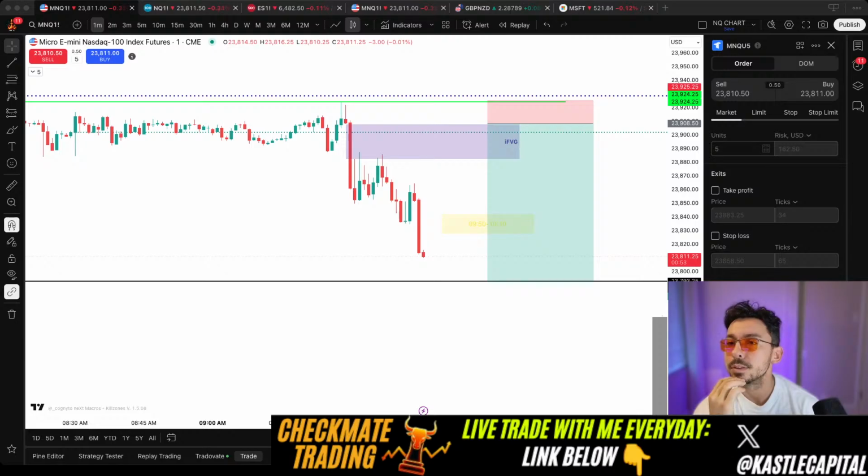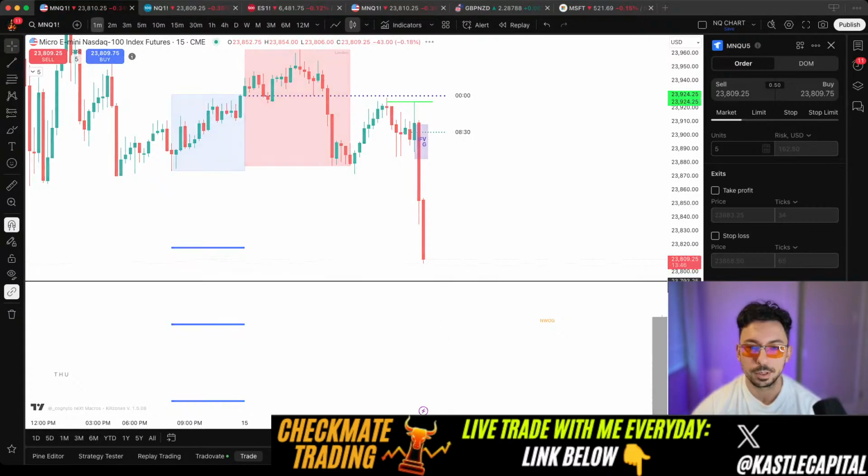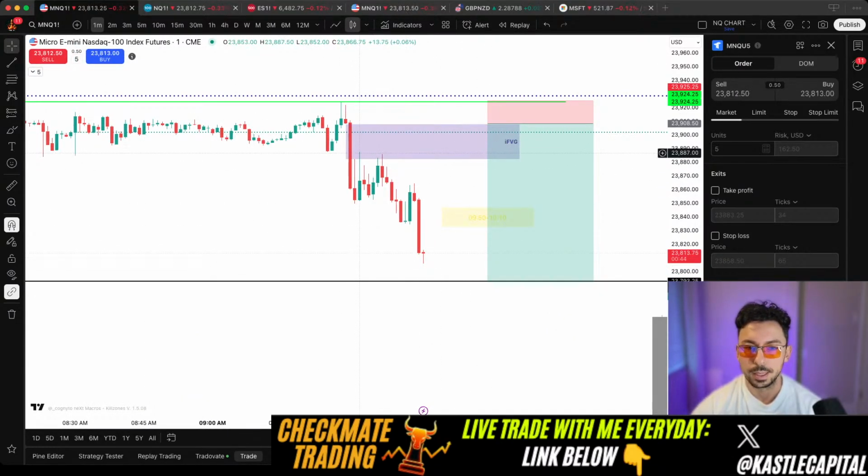I like 23,770. I've been saying that this 15-minute low should get hit, and once it does, then we'll look for a liquidity sweep to go up and take out these highs here.